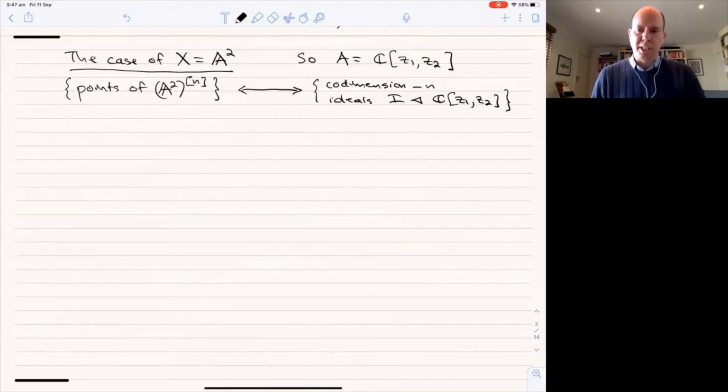So this is an extremely concrete commutative algebra problem, which you could give in a first commutative algebra course. Try to classify all the finite codimension ideals of the ring of polynomials in two variables.